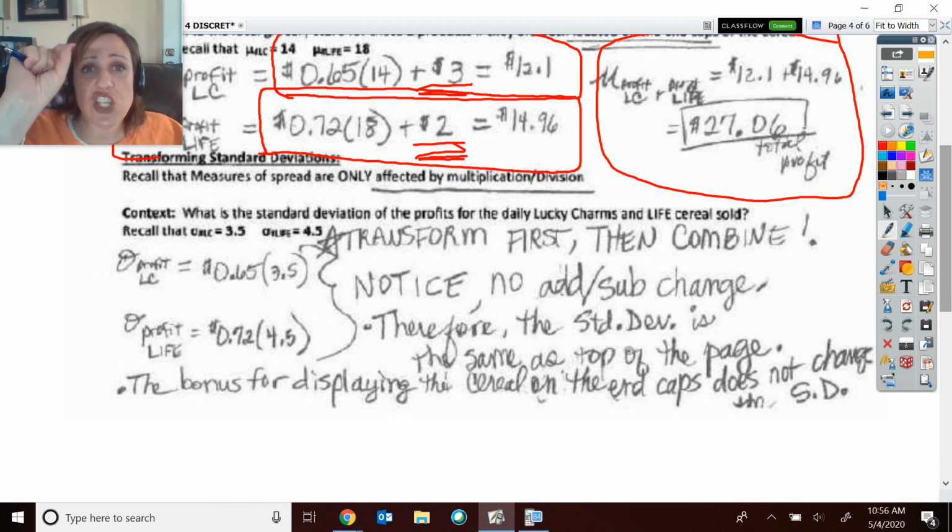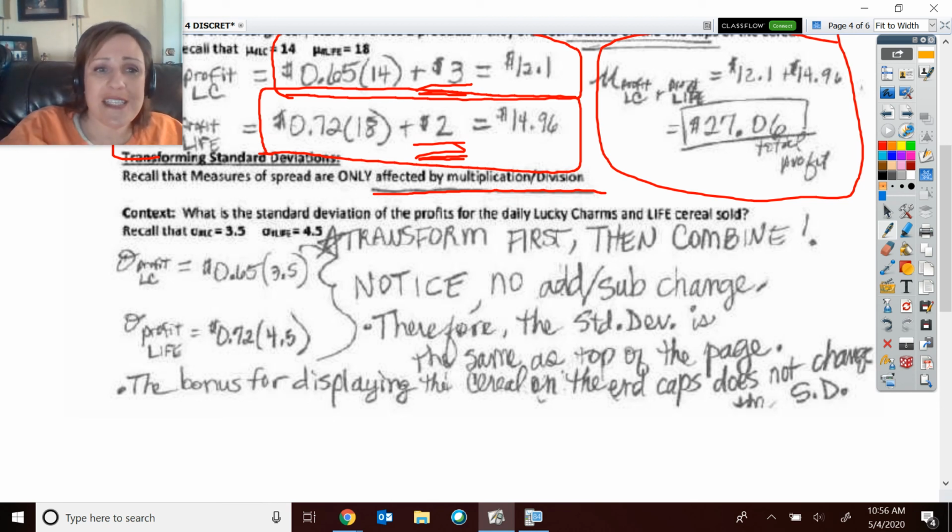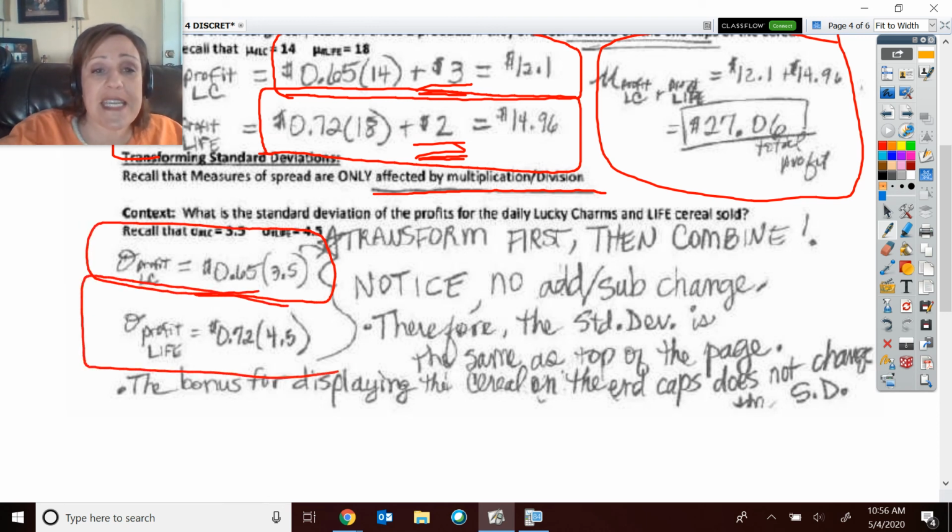And that answer is no. Measures of spread are only affected by multiplication and division, not adding and subtracting. So see, look at that. Therefore, that profit variability remained the same as before we discussed that $3 bonus and that $2 bonus. So notice, no adding or subtracting change.